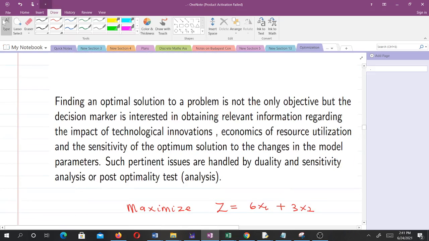Finding an optimal solution to a problem is not the only objective, but the decision maker is interested in obtaining relevant information regarding the impact of technological innovations, economies of resource utilization, and the sensitivity of the optimum solution to the changes in the model parameters. Such pertinent issues are handled by duality and sensitivity analysis or post-optimality test.